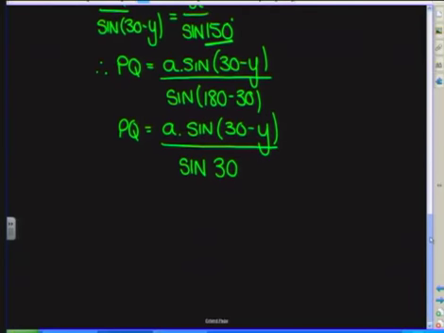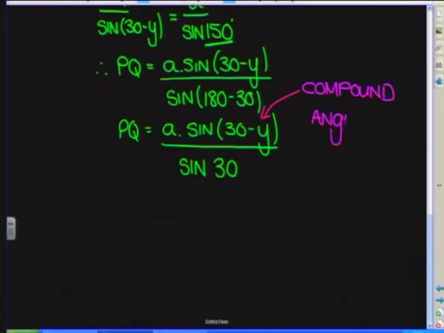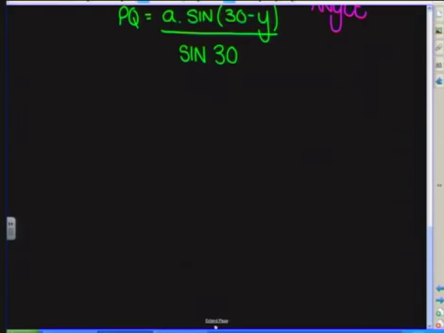Now what we're going to do first of all, before we do anything more, is simplify this. Do we spot that this over here is now a compound angle? It's not a double angle, it's a compound angle. And because it's a compound angle, what we're going to do is expand it. So we've got PQ, which is equal to a.